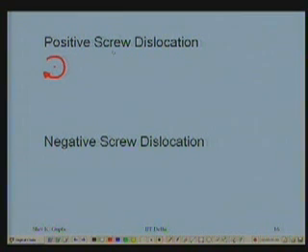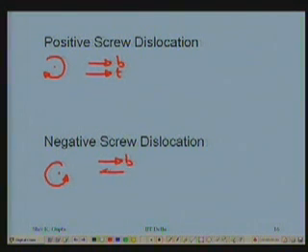That's the symbol we use for positive screw, and in here B and T are parallel. Similarly, in negative screw, the symbol we use is anti-clockwise circuit, and B and T are anti-parallel. This angle is 0 degrees, this angle is 180 degrees.